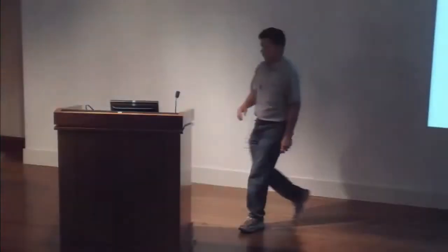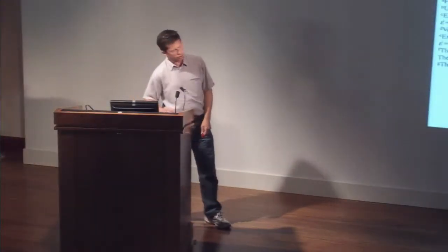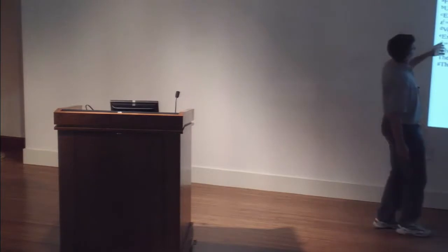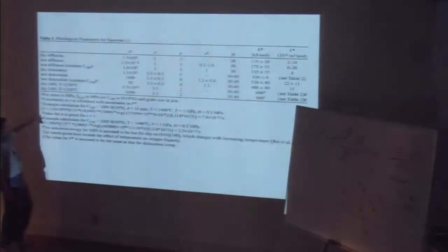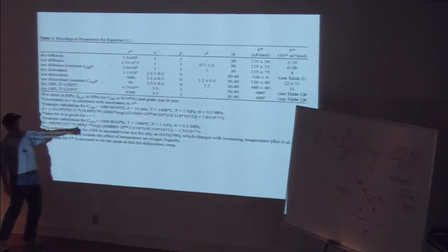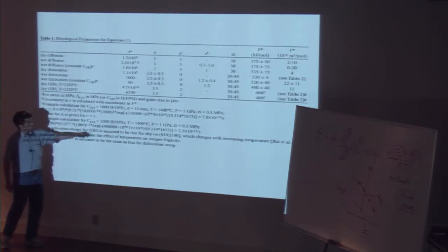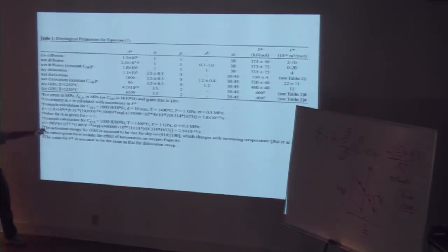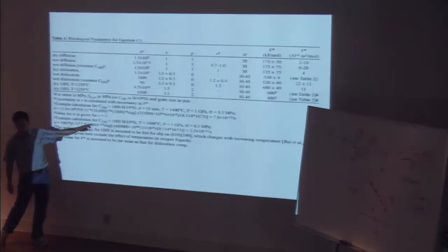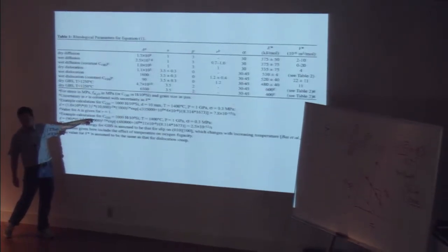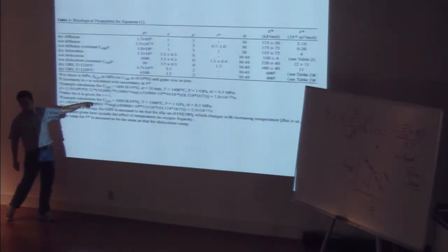And so these flow laws here have a term in them where you just take the water content, and the slope of that power law was 1.2. And so this number, this 90, has the units that would be correct for having water content in hydrogens per 10 to the 6 silicons.